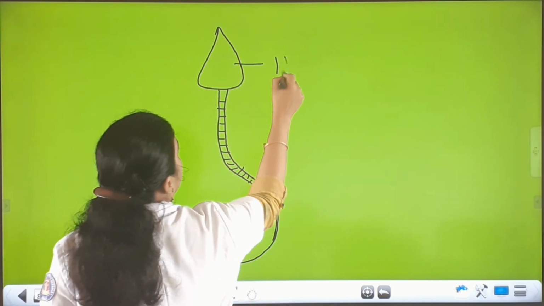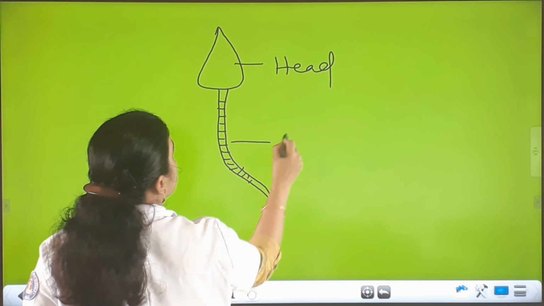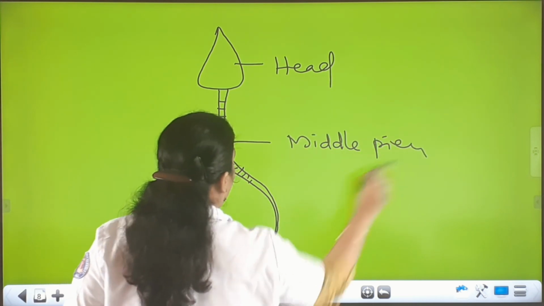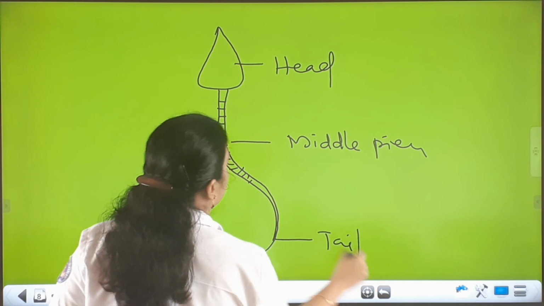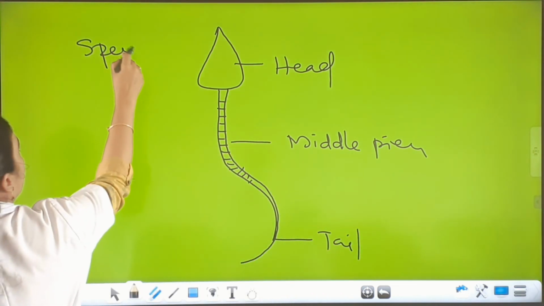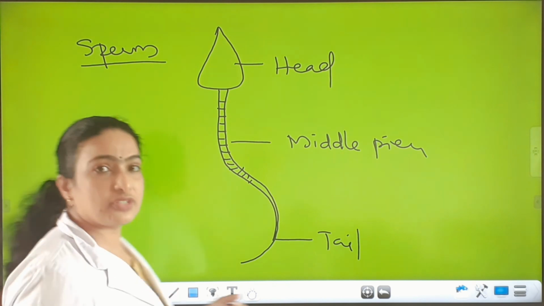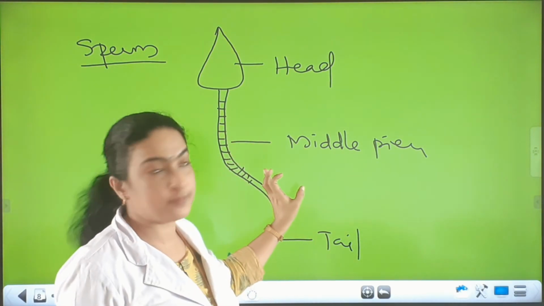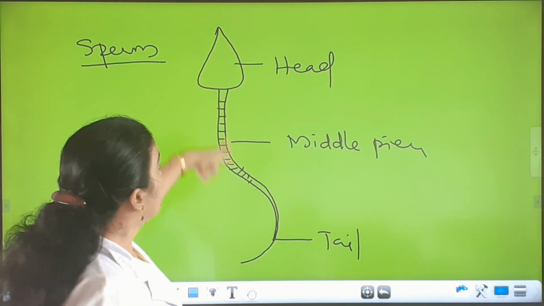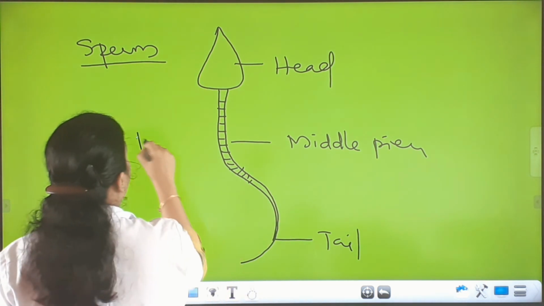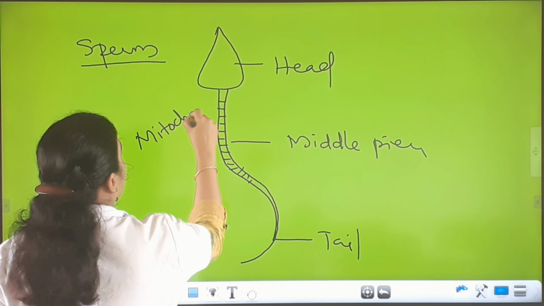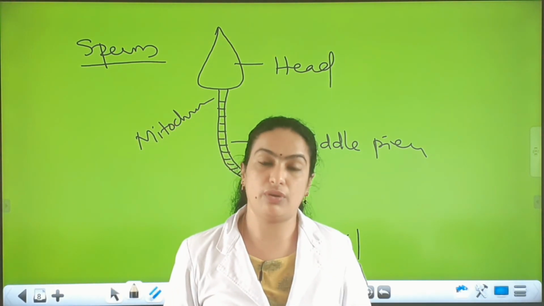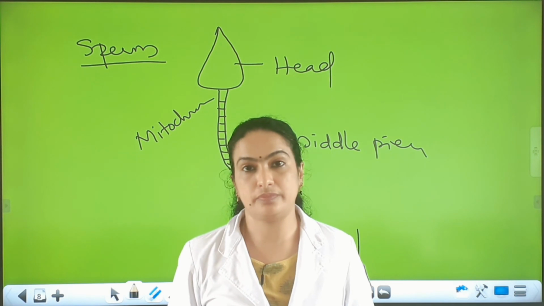So this is the head region, this is the middle piece, and this is the tail region. So this is the structure of the sperm. Sperm is a single celled structure that is haploid in nature. It consists of only 23 chromosomes, and this middle region consists of mitochondria. Mitochondria provide energy for the movement of sperm.